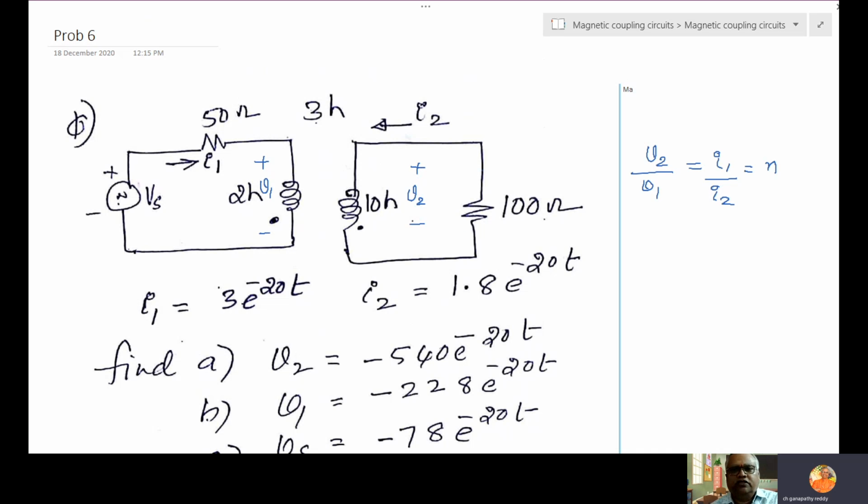V2 is nothing but 100 into I2, the current here.